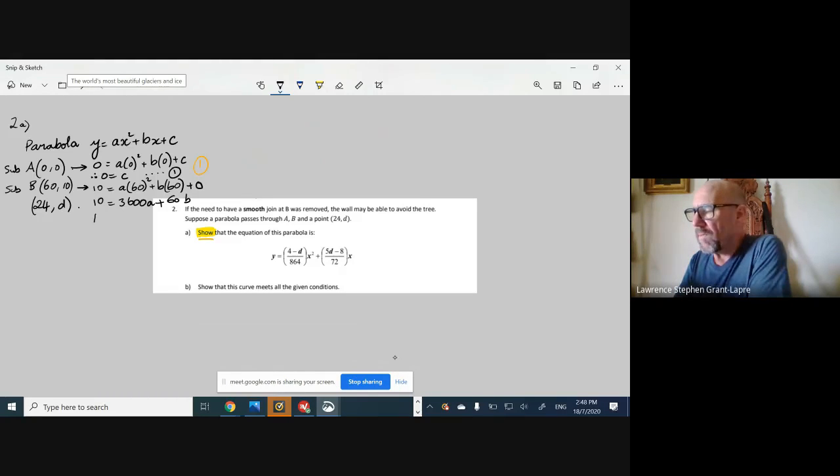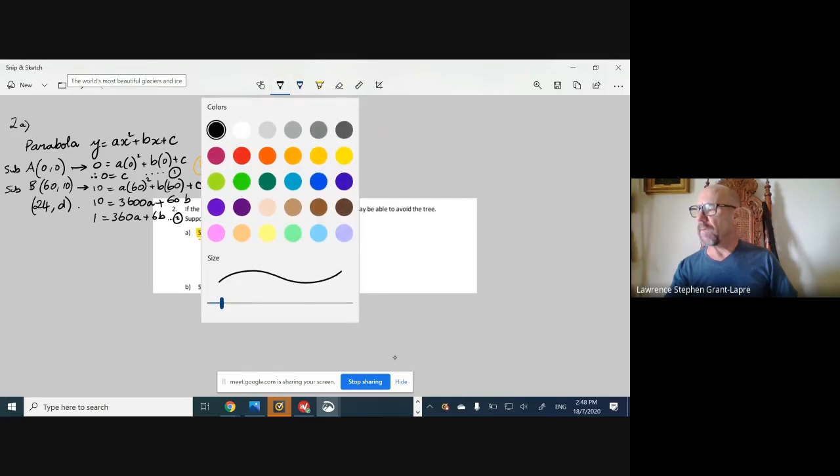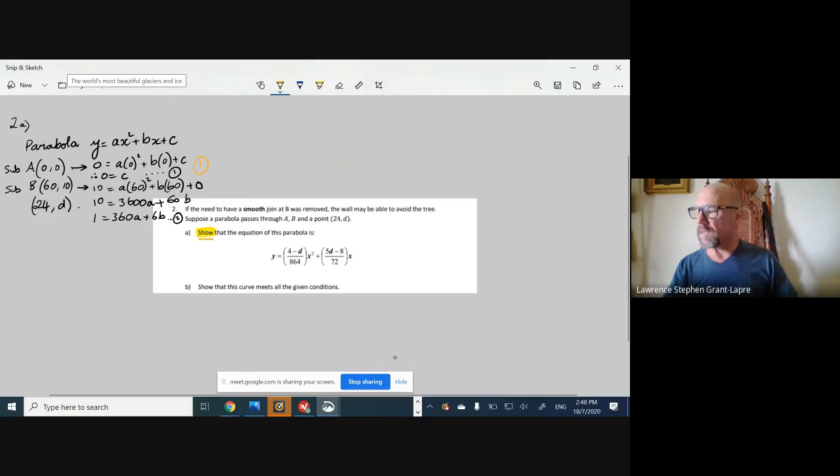Therefore, 1 equals 360a plus 6b, and that's equation 2. Okay, now this equation is going to give us a mark. So we get a mark for that equation.